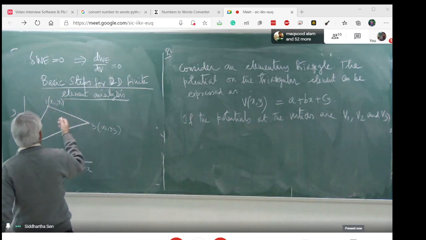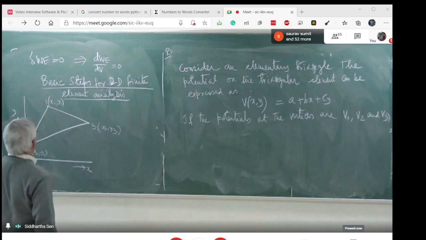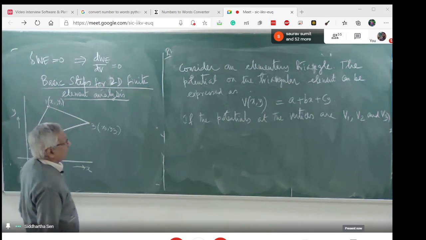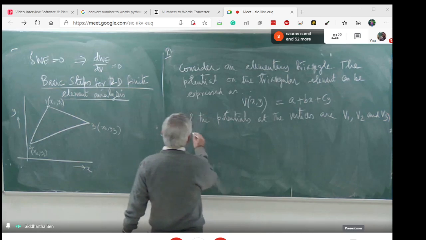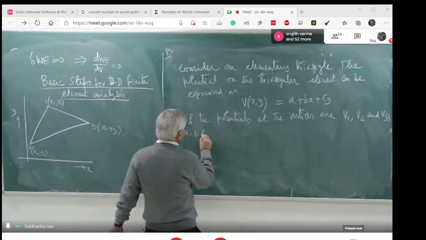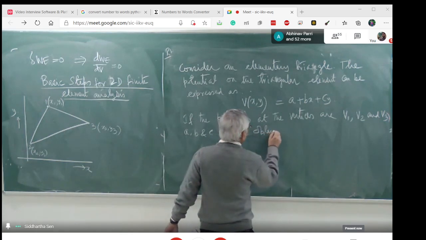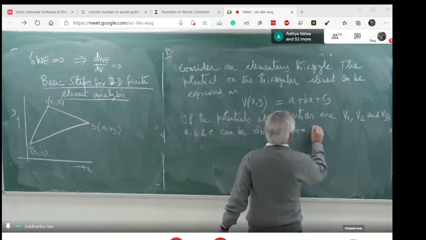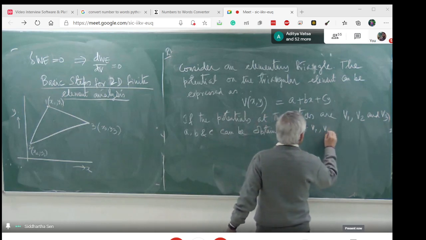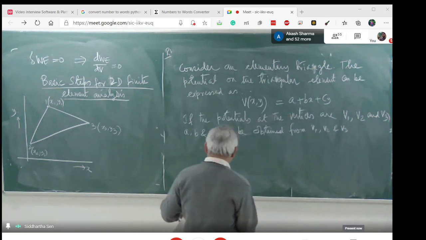I just want to know the potential at any point near point A. So if they are known, A, B and C can be obtained from V1, V2 and V3. Basically 3 equations, 3 unknowns.